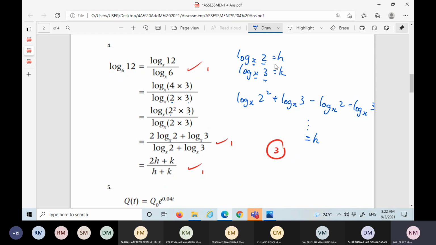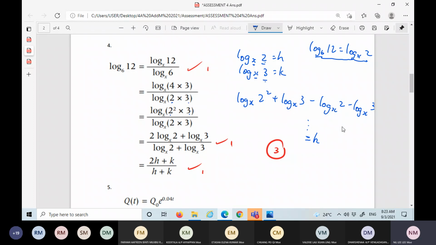It means you are trying to say log 6 12 is equal to h, which is log x 2, and it is not involving the k. You have to think, this is quite impossible. I say quite only, maybe sometimes they want to trick you, it can be. But I don't think so. Log 6 12 is equal to log x 2? I don't think so.